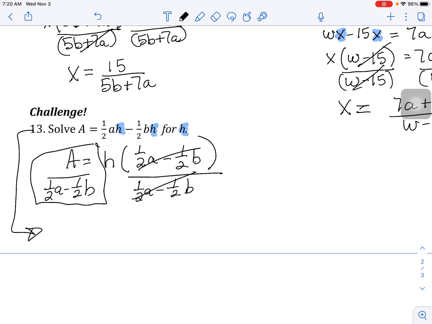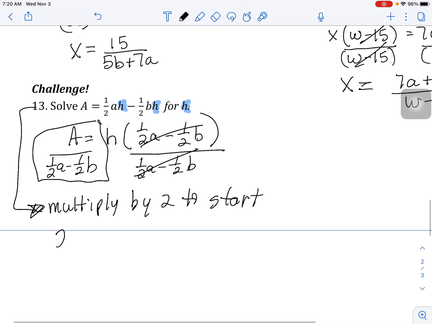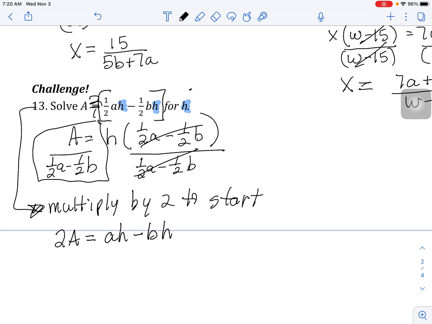So it is recommended to begin the problem by multiplying by 2. That's why it's a challenge. Multiply by 2 to start, right? So that would mean 2a equals, and if you multiply this by 2, guess what? The fractions go away. 2 over 1 times 1 over 2 is 1. So 2a equals ah minus bh.